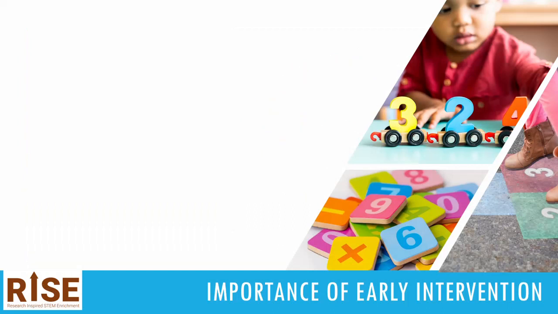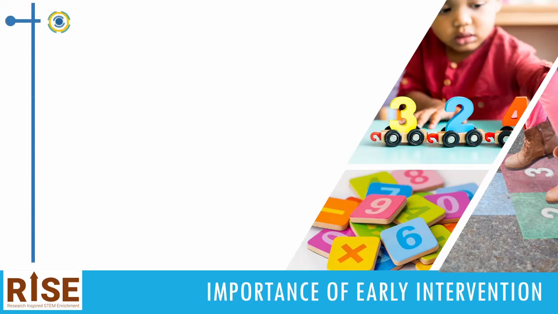The importance of early intervention for children with learning disabilities, such as dyslexia, cannot be overstated. Early intervention refers to the identification and provision of effective support and services to children as soon as a learning disability is suspected. Here's a detailed exploration of its significance.